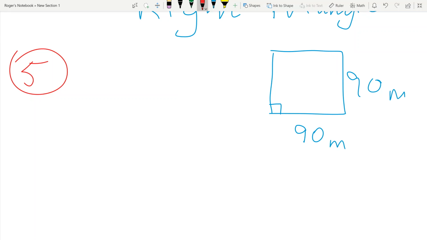What is the length from here to here? What is that length in red? I'm going to label it as a D there, D for diagonal. What is the length of the diagonal? So if this is 90 and this is 90, so is this over here too? This is also 90.